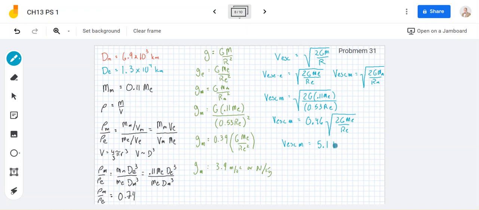So I got 5.1 kilometers per second. When you plug in the mass in kilograms and the radius in meters, you're going to get, like, 5,147, but the book reports it in kilometers, and that's the answer they got.